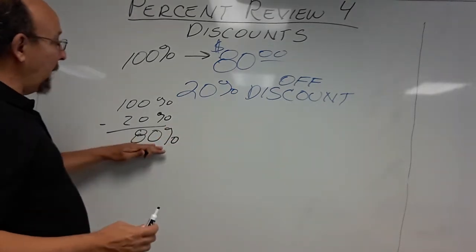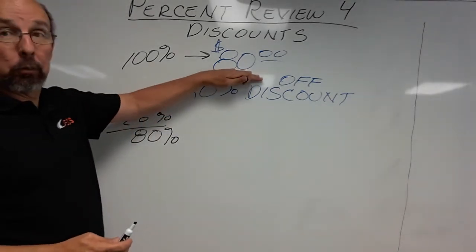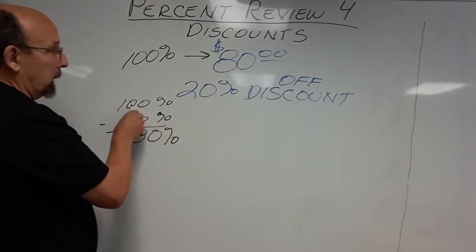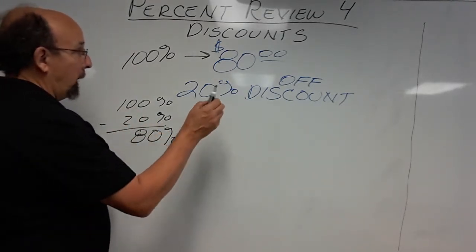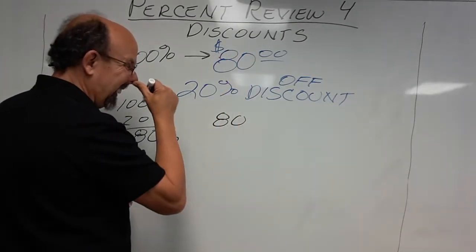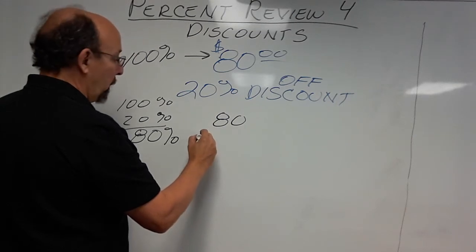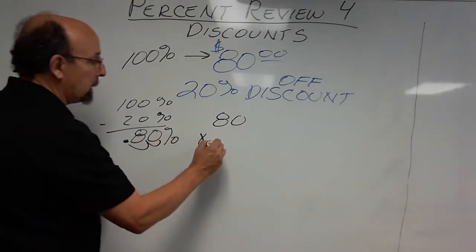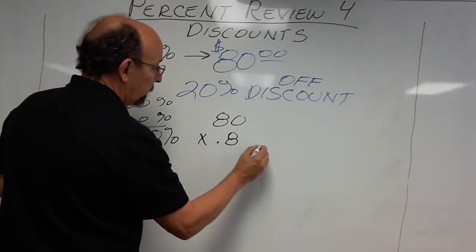So I'm going to pay 80% of that price. I've done my subtraction already. Now I take the $80 and multiply it by 80%, which is 0.8 or 0.80.